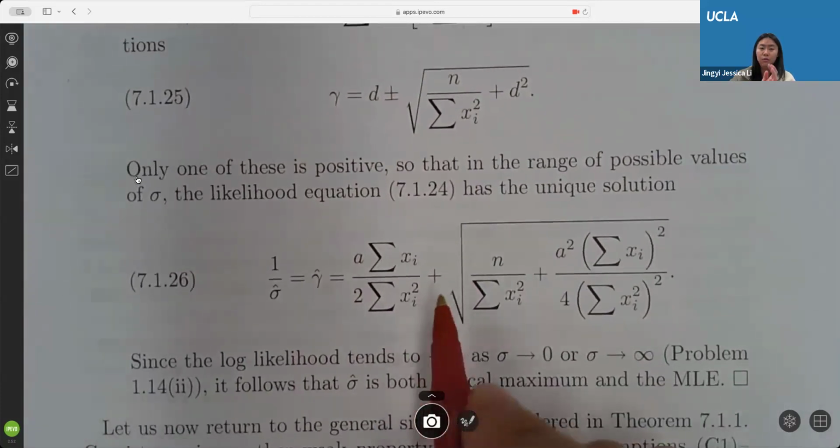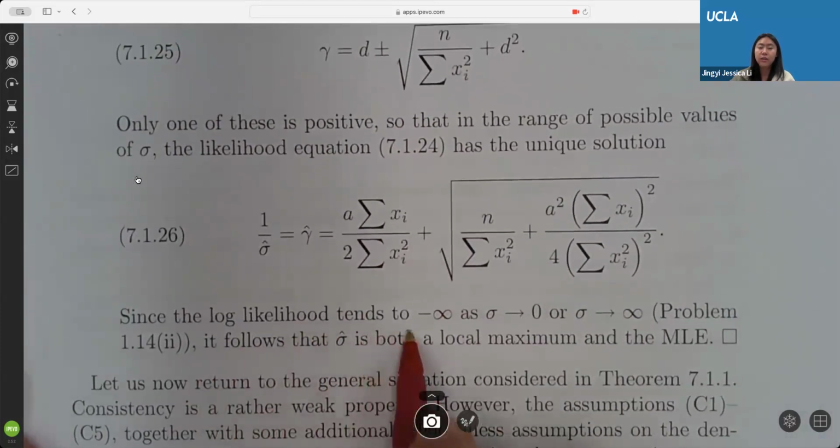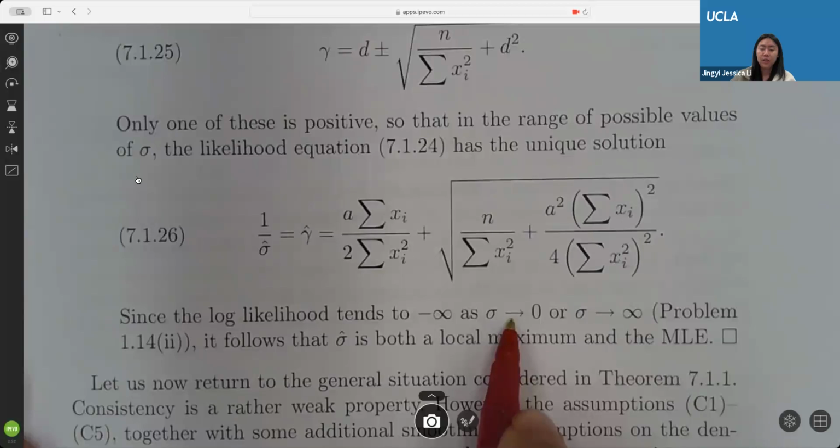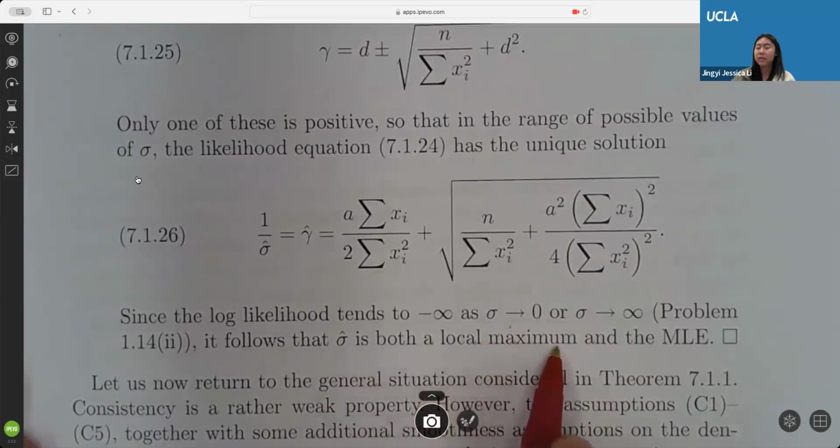Since the log likelihood tends to negative infinity as sigma goes to 0 or positive infinity, it again follows that sigma hat is a local maximum and the MLE. So essentially, for these cases, to show the MLE in the strict way, you need to first show it is a local maximum and then justify that it is the unique solution.